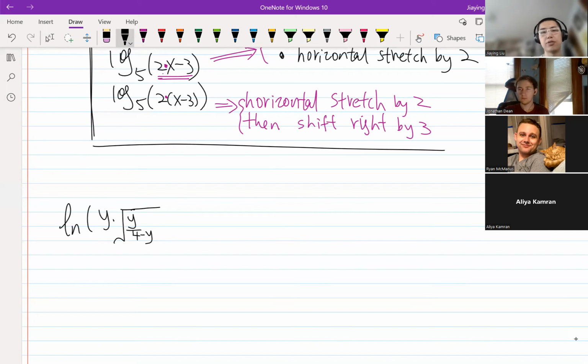Like all underneath the square root? Yes, just like that. Is this question about rewriting it? It's rewrite it as a sum, difference, or product of logs.